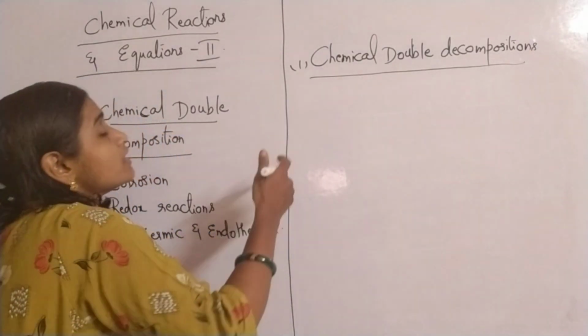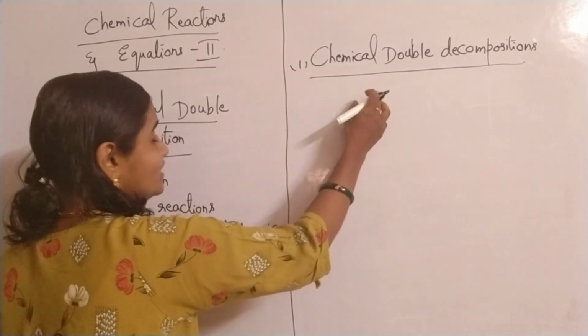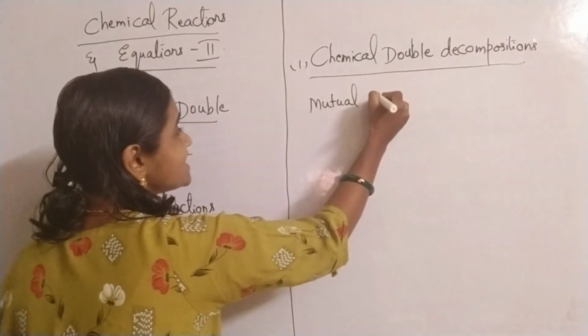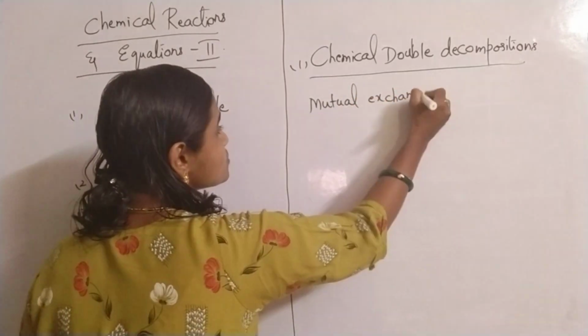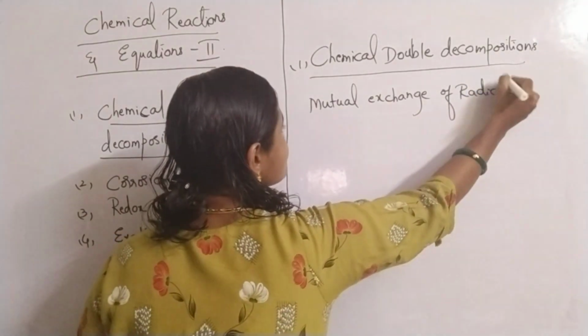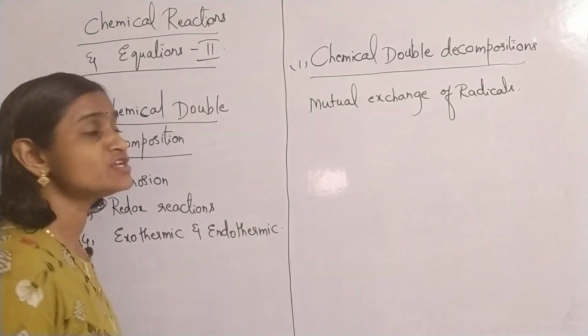This mutual exchange of radicals, or ions, is what you will observe in chemical double decomposition reactions.